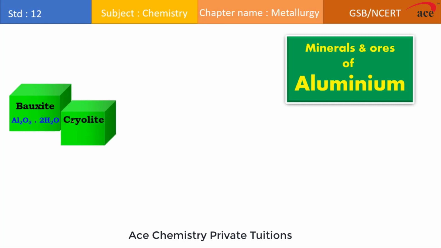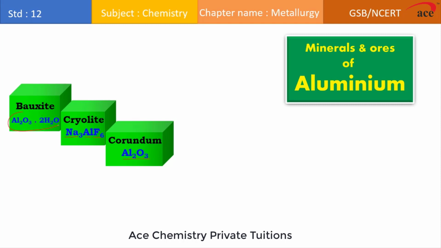Another mineral is cryolite. Cryolite is sodium aluminium fluoride. Corundum is the next mineral. This is Al2O3. If you compare with bauxite, bauxite is the hydrated mineral, that is Al2O3.2H2O, but corundum is Al2O3. Diaspore is another mineral of aluminium, and the formula is Al2O3.H2O, very similar to bauxite.